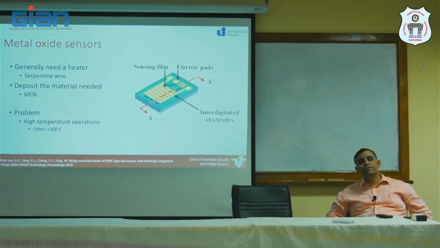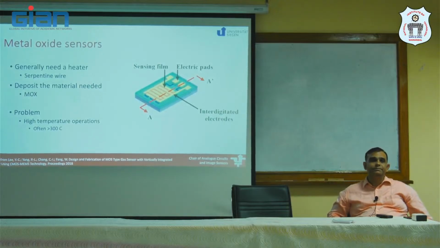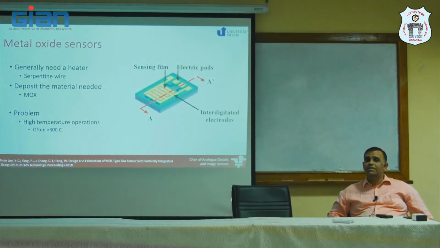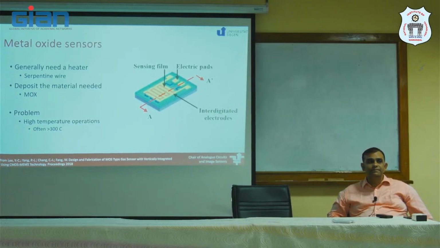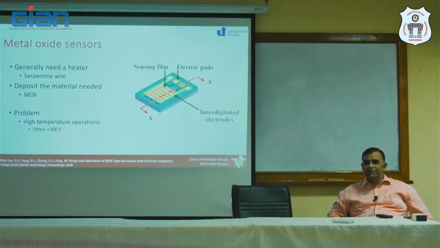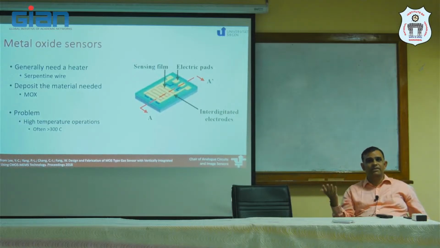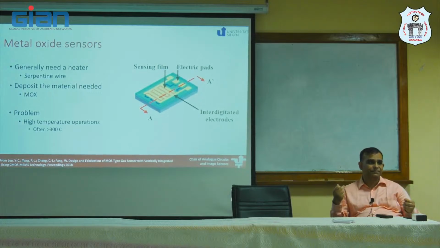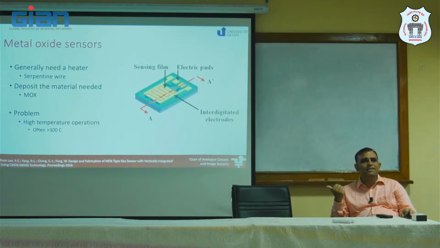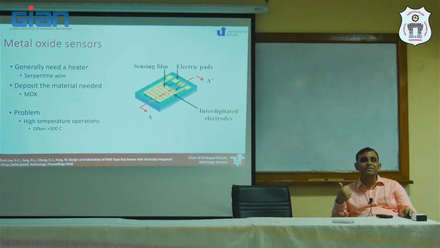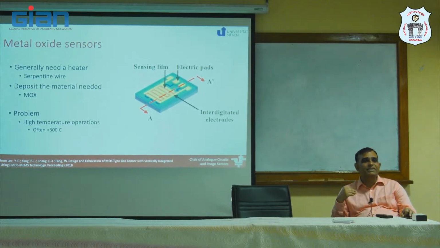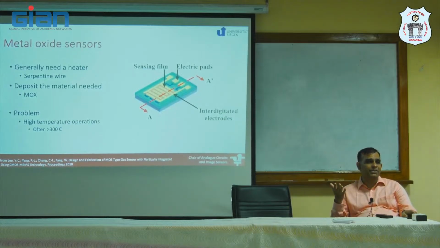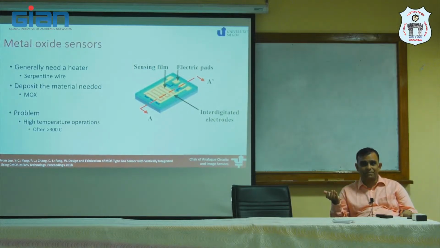The problem, of course, is that you are heating the chip. The rest of my electronics doesn't like it. I do have other electronics on the same chip, right? It's not just that I'm producing a conductance, I need something else to measure the conductance. Now, a number of such sensors hence are made in specialized processes where the transistors have been designed to survive high temperature.